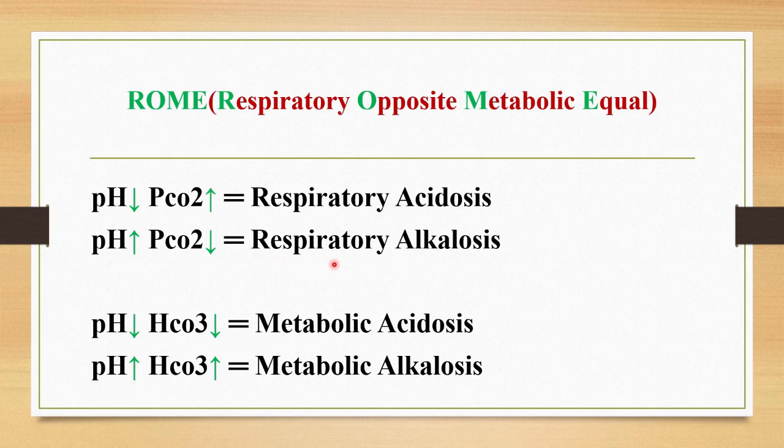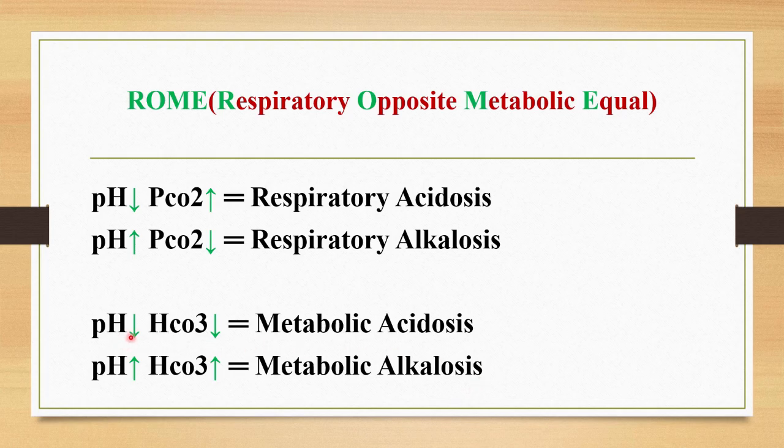In respiratory alkalosis, pH will be more and PCO2 will be less. So just see the arrow marks, it is opposite. If it is low, it will be high. If it is high, it will be low. So respiratory opposite.